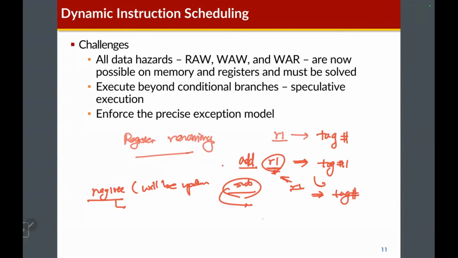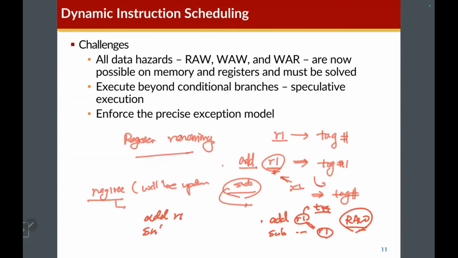Between add R1 and then sub R1, this R1 is changed to the tag, and the data dependencies are checked by this tag number. So we can say the RAW hazard is solved by this tagging. How about the WAW hazard? Like add R1 and then sub R1.